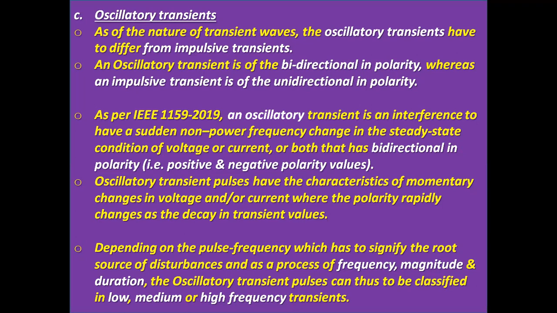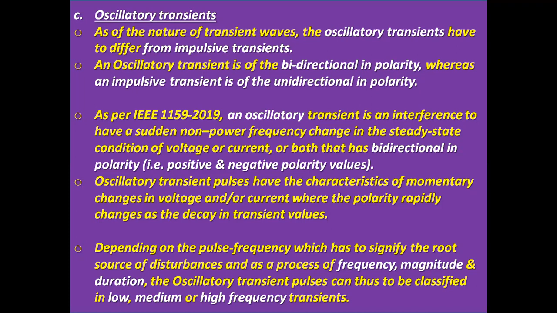Oscillatory transient pulses have the characteristics of momentary changes in voltage and or current, where the polarity rapidly changes as the transient values decay.